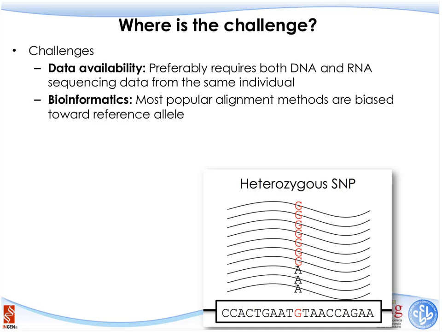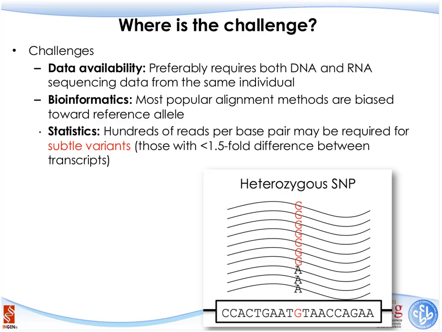The second challenge is on the bioinformatics part, because most of the popular alignment algorithms are biased towards the reference alleles. I will get into this a little more to explain why this happens. The third one is statistics.